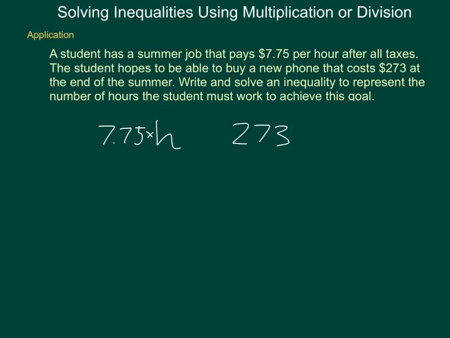Now, what we want to do is have that much money or more. So we want 7.75 times h to be greater than or equal to 273. If it's equal, we will have just enough money to buy the phone. If it's greater, we'll have some money left over, maybe buy a few accessories.